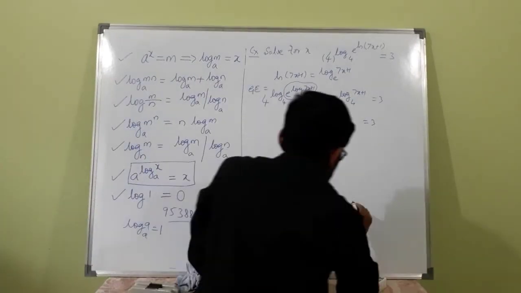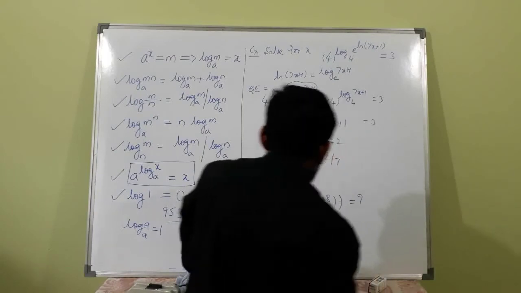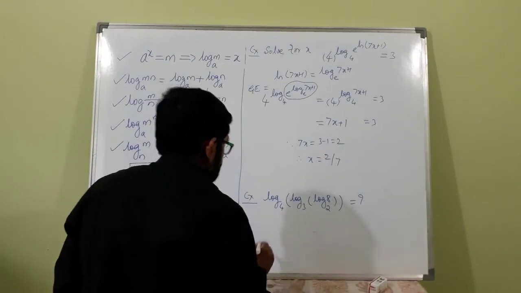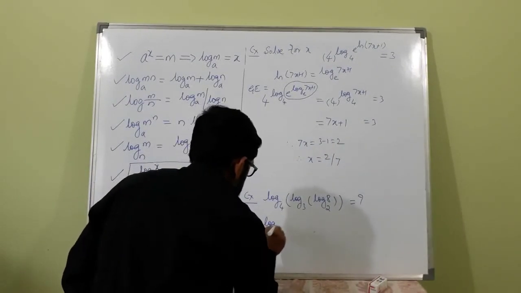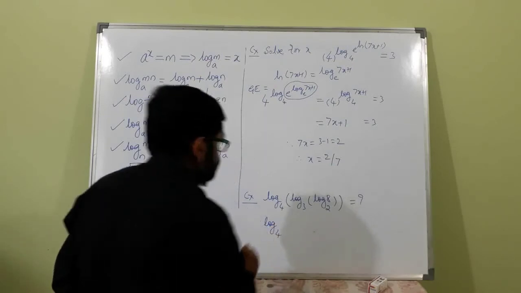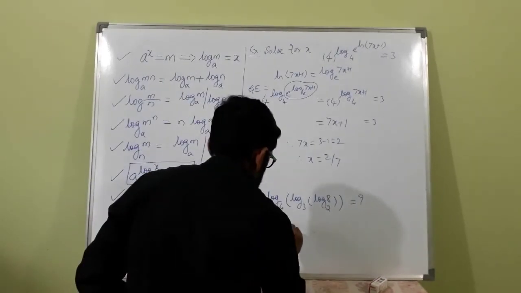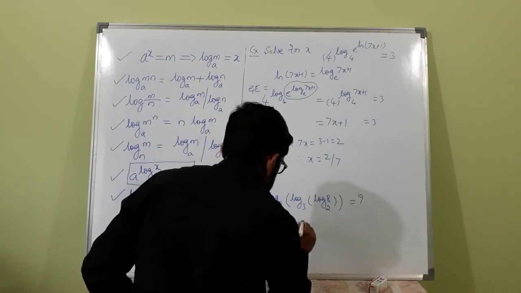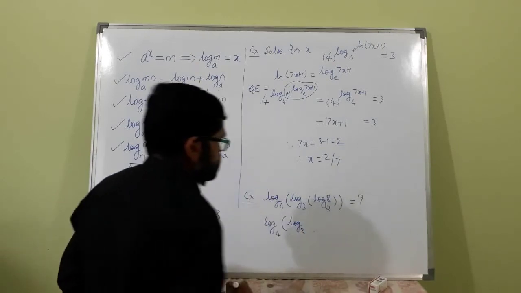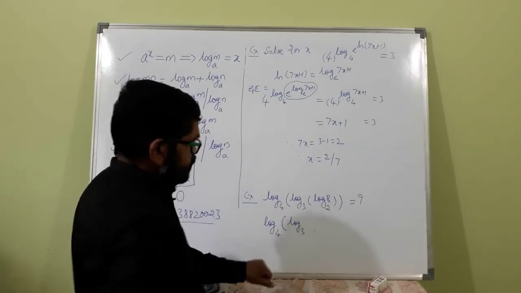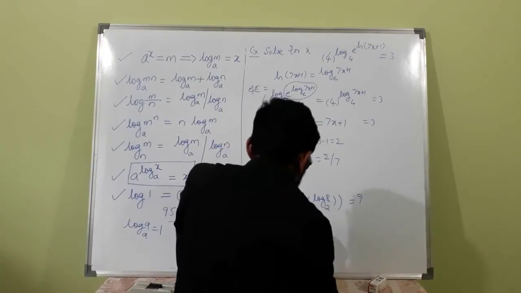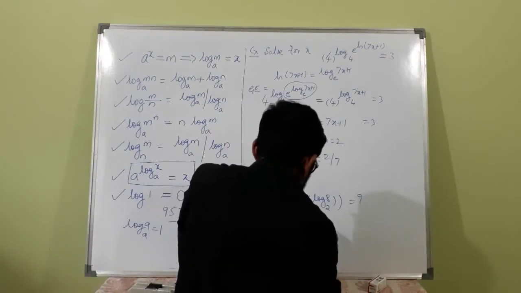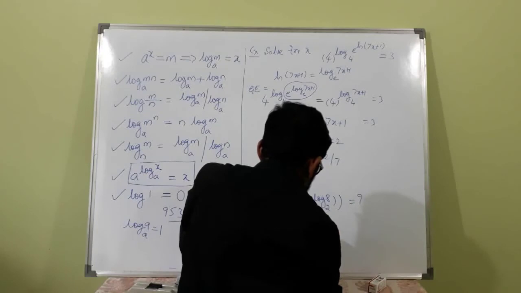Now you are asked to simplify this. Log of 4, log to the base 4, log of 3, log to the base 3. This will be log 8. Log 8 means log 2 to the power 3 to the base 2.